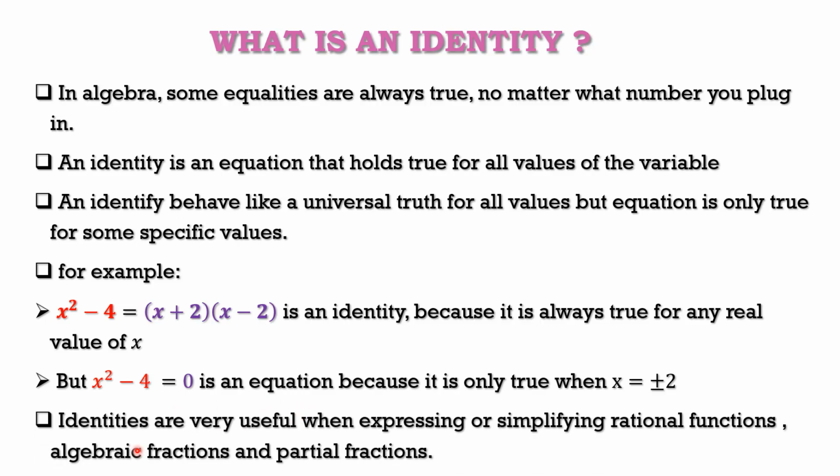Now, identities are very useful when expressing or simplifying rational functions, algebraic fractions, and partial fractions. So anytime you are dealing with rational functions, algebraic fractions and partial fractions, identities normally come into the picture. So here, see solving for unknown constants in an identity.